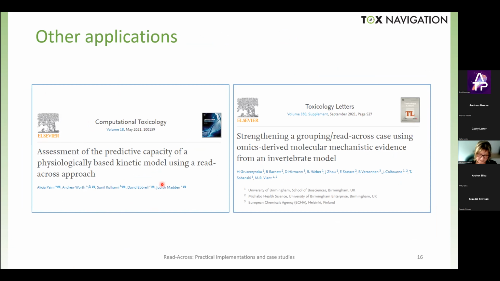In this way, you can find if there is a PBPK model already there, ready to be used with just a few slight adjustments. This group also put together a database of the existing PBPK models with the source compounds. And then there is this interesting approach of using omics data to assess the similarity.